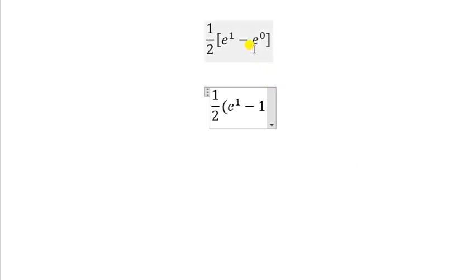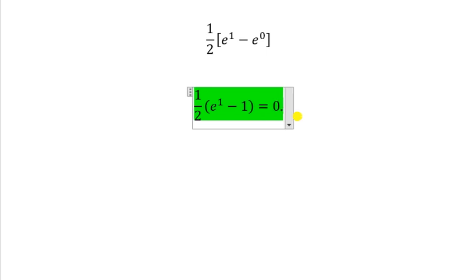Remember that any number when raised to the power of 0 will be equal to 1. And this will be our answer. If you need to get the answer as a decimal number, we can also calculate that. We just take our calculator and find out that this is going to be 0.859. This is the exact answer, and this is an approximated solution.